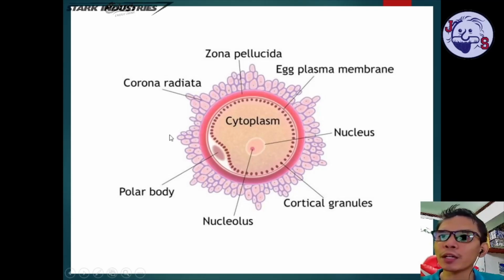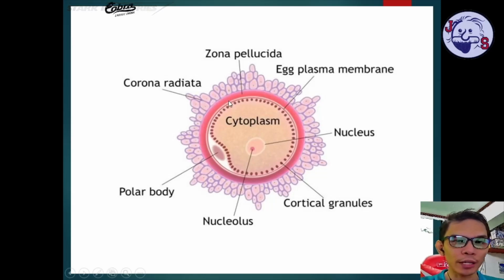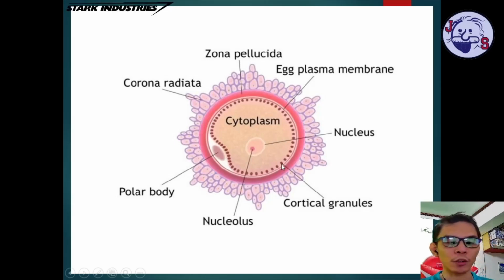Now, the egg cell is made up of a crown, which is called the corona radiata, and the next part is the zona pellucida. As you can see, there are a lot of barriers that the sperm cell needs to break down before it delivers the DNA inside the egg cell. Once it reaches the innermost part of the egg cell, there are the cortical granules.